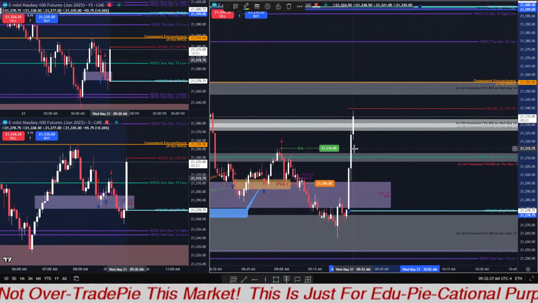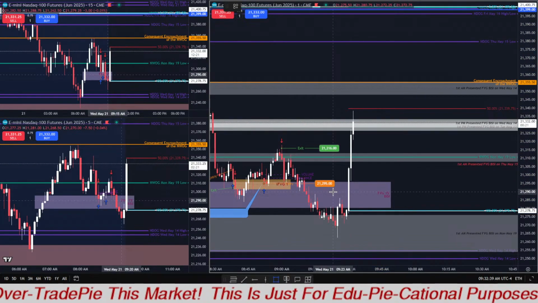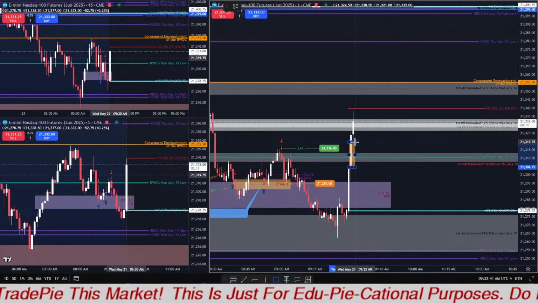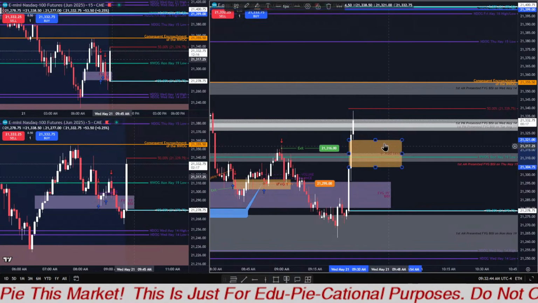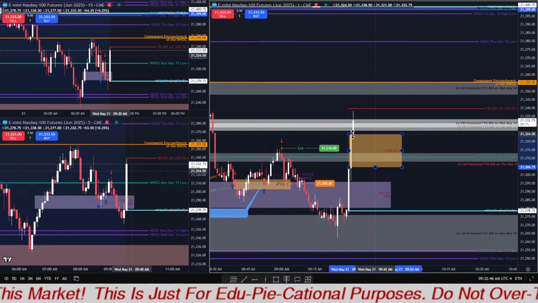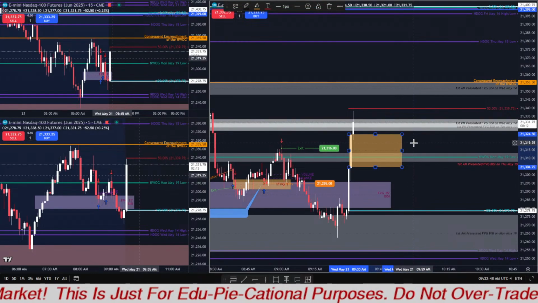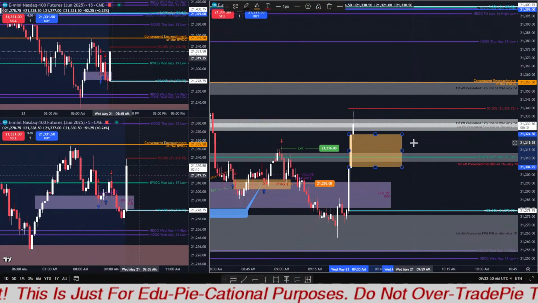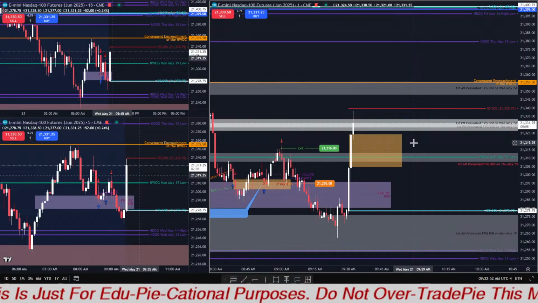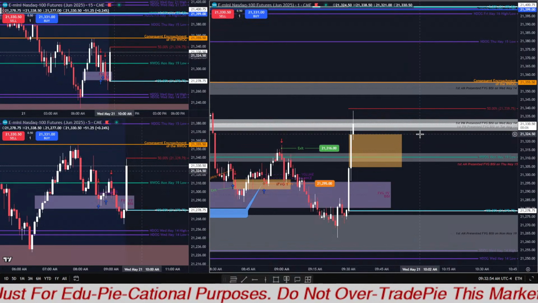Most likely this is going to be our first presented fair value gap formed over here, and I'm highlighting this. We have a 20 handle gap formed over here.